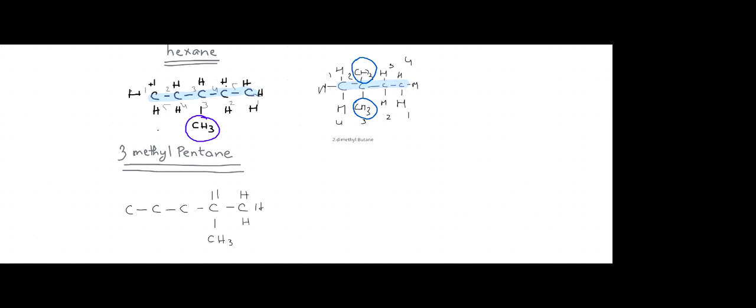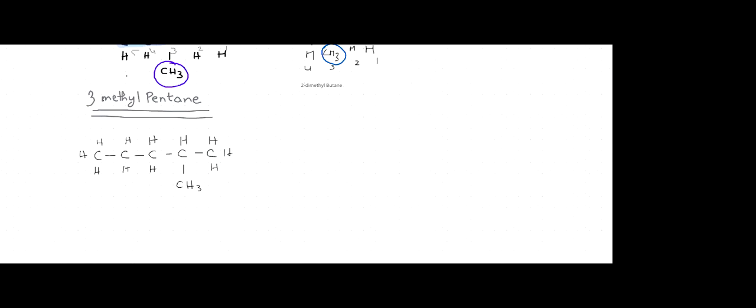Now let's try naming this compound. First of all, why don't you go ahead and tell me what is the longest continuous carbon atom chain that I can have? It's 5. Yes. So when it is 5, what is the term that we use? It's pent. Absolutely correct.